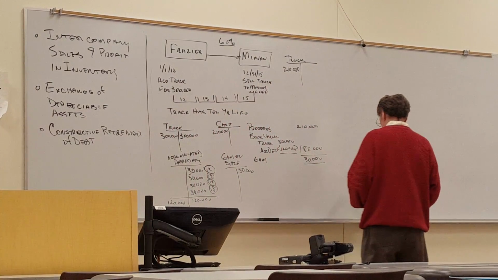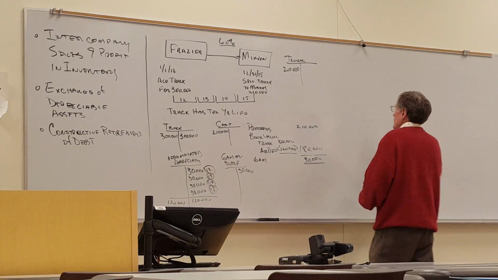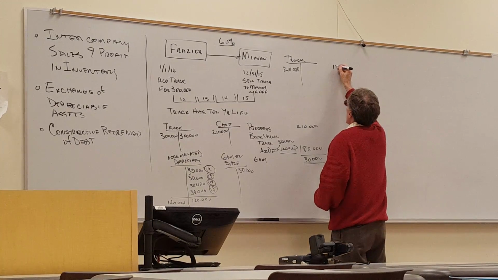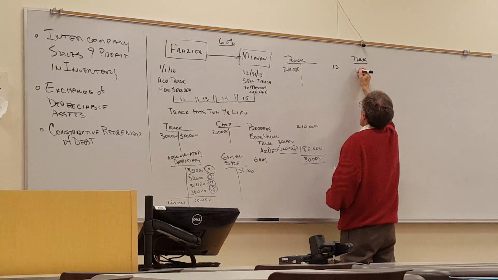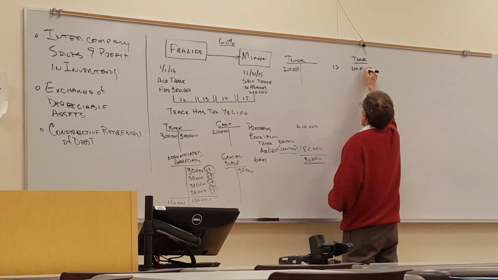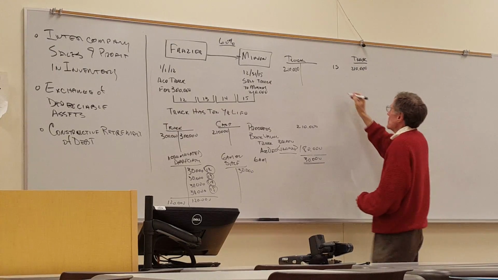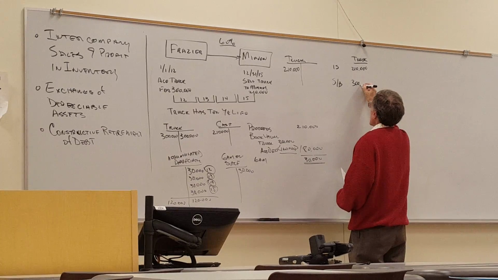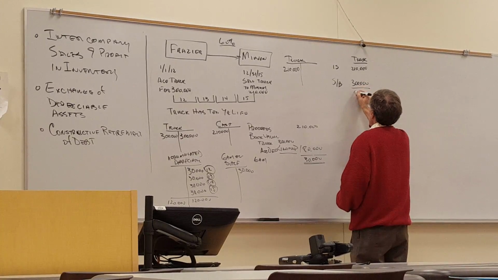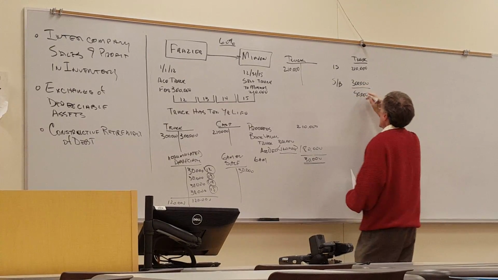So what we have is truck. Our value on the books is $210,000. It should be $300,000. We need to make a $90,000 adjustment.